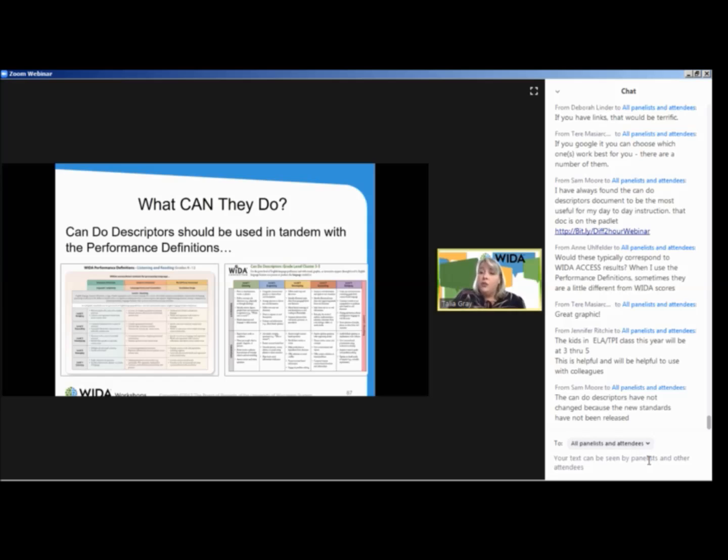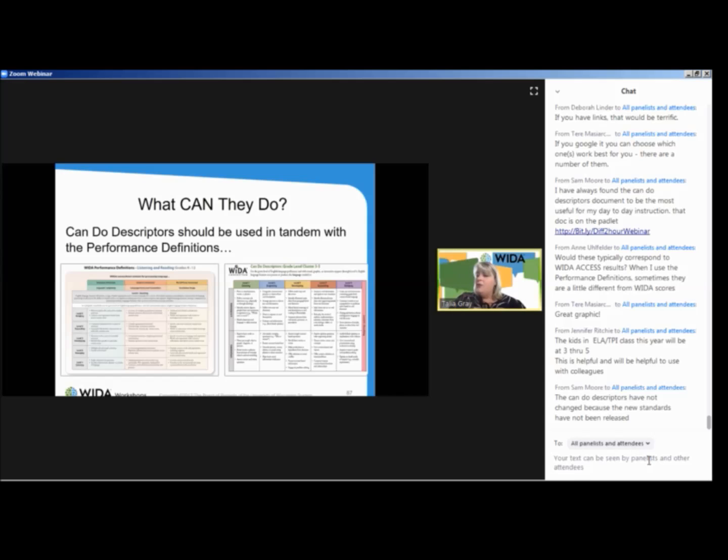So if you're going to use those performance definitions with your students, this may help you get some of the kid-friendly language, or you may just decide you want to use can-do statements for them. It's really up to you. These are both fantastic resources that you can use in your classroom, and use them together. They go together. The performance definitions and the can-do statements are to be used in tandem.